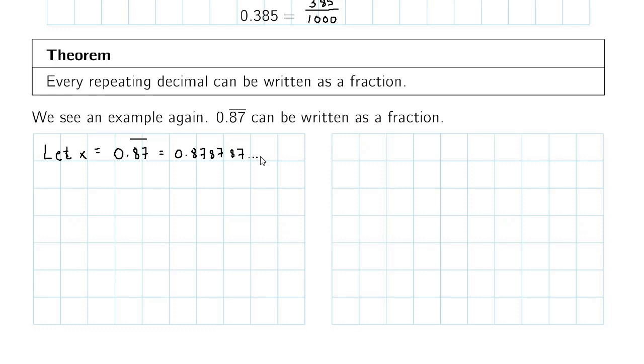Well, if I have two numbers that are equal, I can multiply both sides of that equation by any number I want, and they'll still be equal. So let's say I want to multiply both sides by 100.